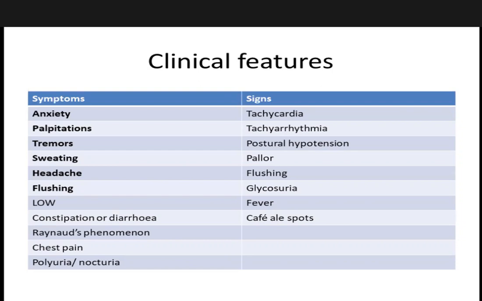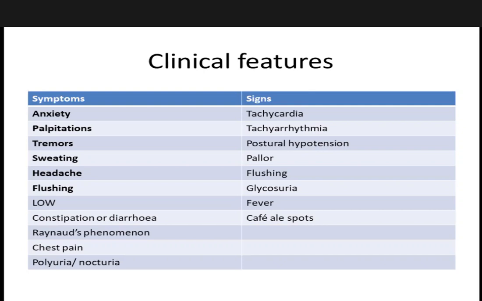Remember these features of anxiety, palpitations, tremors, sweating, headache, and especially flushing, and tachyarrhythmias and all that. Those features will present intermittently, right? So they can come and tell you that the patient has intermittent palpitations, associated with sweating, episodic headaches and flushing.